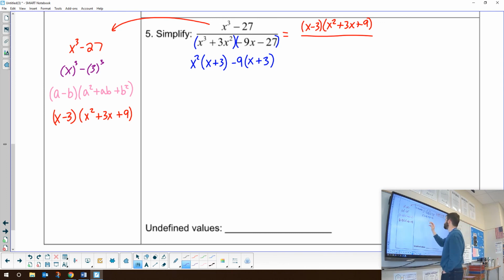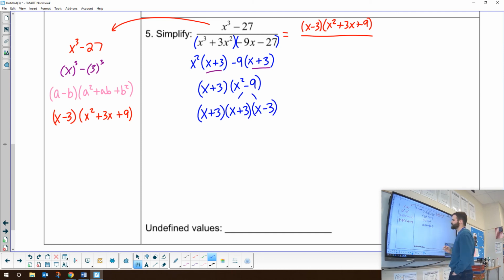So if these 2 are the same, I can pull those out to the front, get x plus 3 in front times what's left over, x squared minus 9, and then x squared minus 9 is a difference of squares. So we're going to get x plus 3 times x plus 3 times x minus 3. Remember, this is a difference of squares, so it's going to split into those 2. Because 3 times negative 3 is negative 9, x times x is x squared. All right, this is my denominator now.